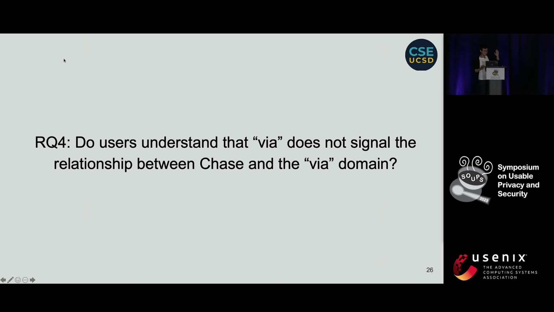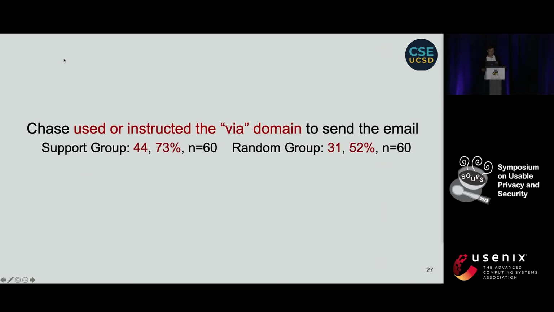It does not signal the relationship at all. Unfortunately, we do not see the results that we were expecting. Even for the VIA domain that looks like a random domain, over half of the participants still believe that Chase used that random domain to send an email. So this is a little bit unfortunate.